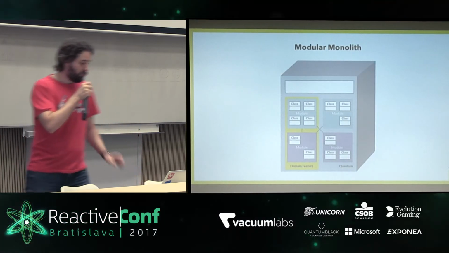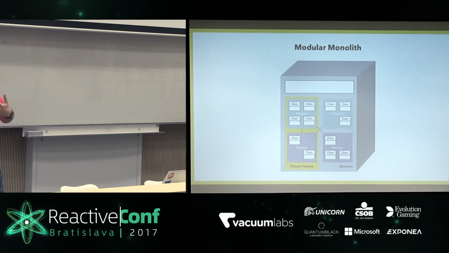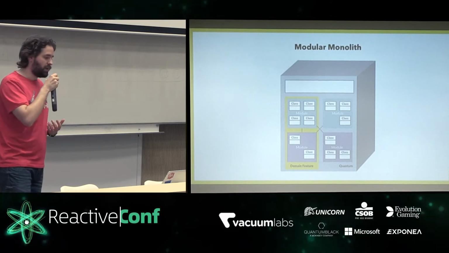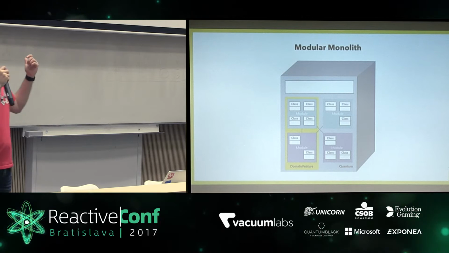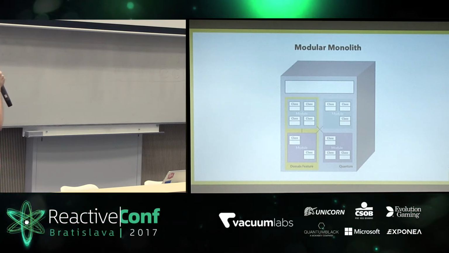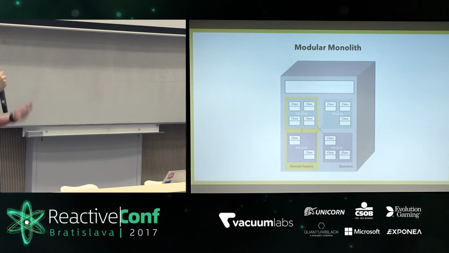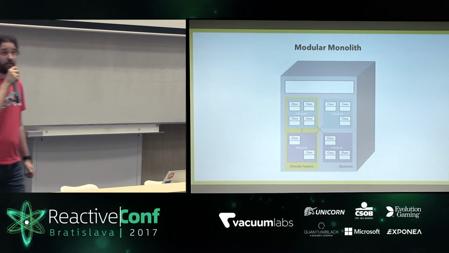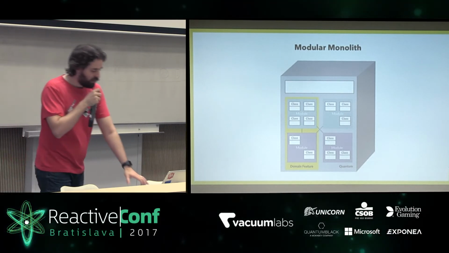However, what's more important for us is having monoliths that are internally structured, and we can, for example, have modules for each feature. And if you are using Angular, you get that for free because Angular modules will give you exactly this if you are using them properly.